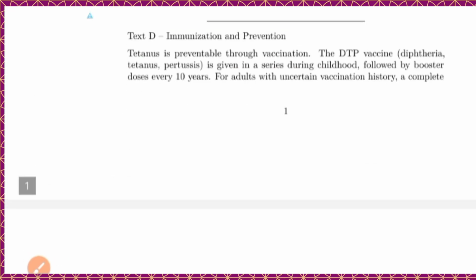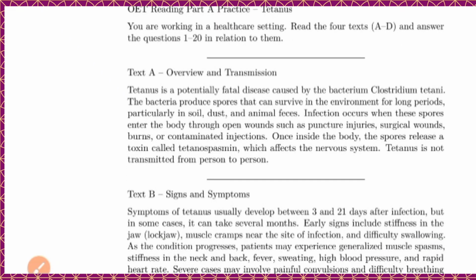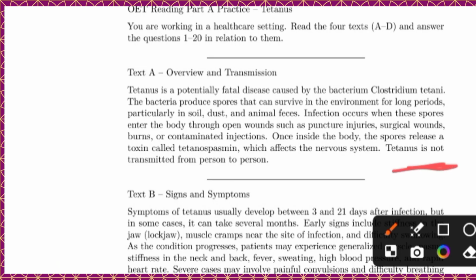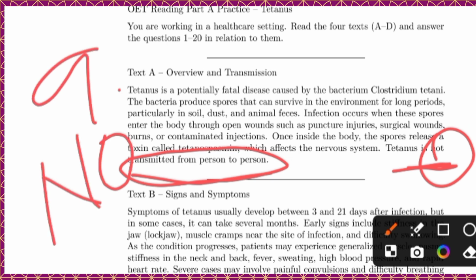We move again to A first, okay. In A, they have written, see friends, tetanus is not transmitted from person to person. So our answer is no for question number 9, okay.